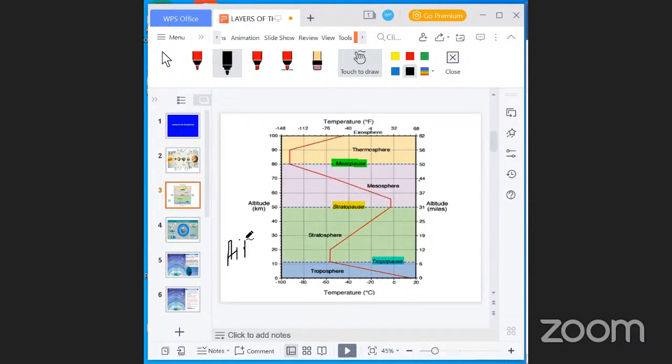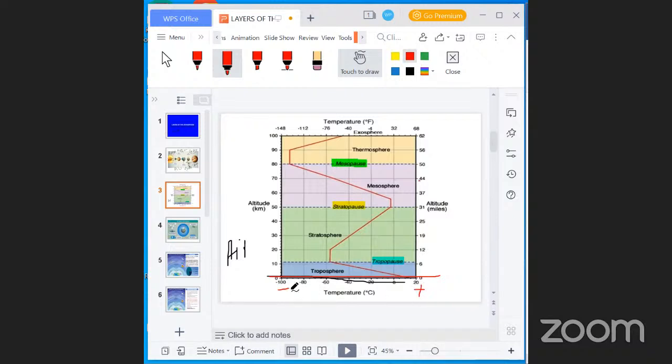The x-axis is temperature in degrees Celsius, every 20 degrees, from minus 100 degrees to plus 20 degrees.